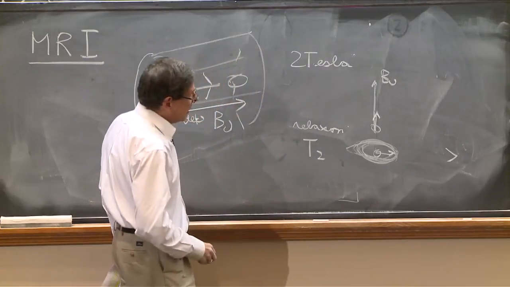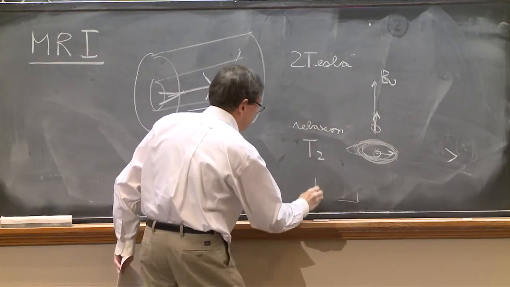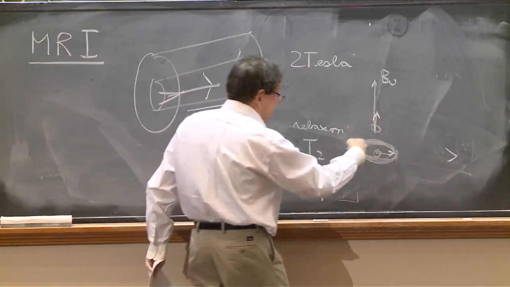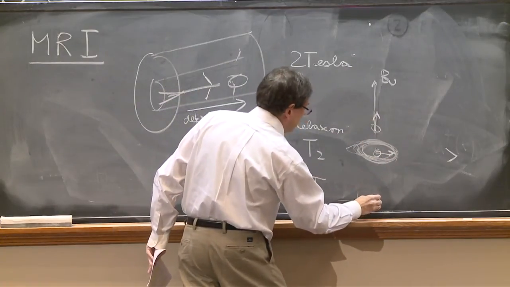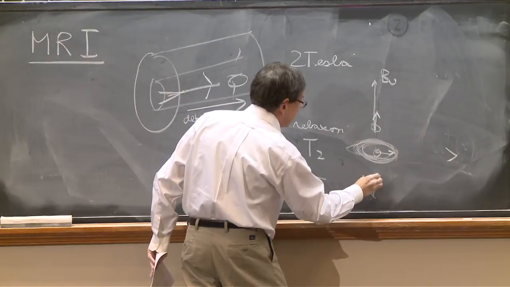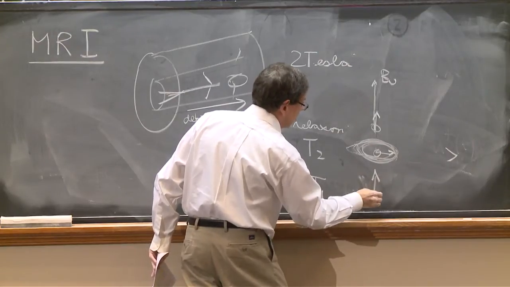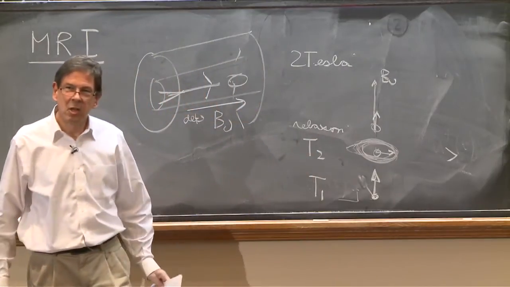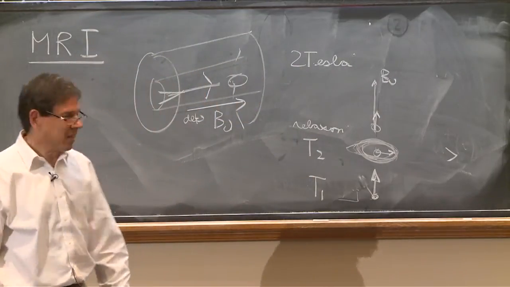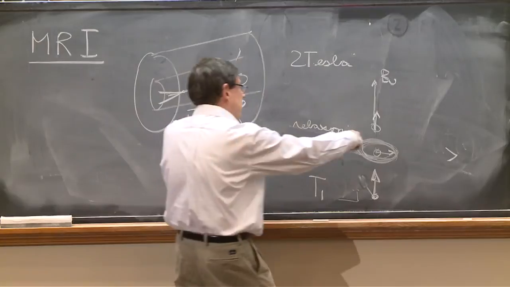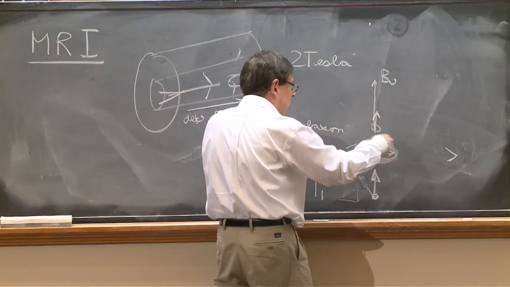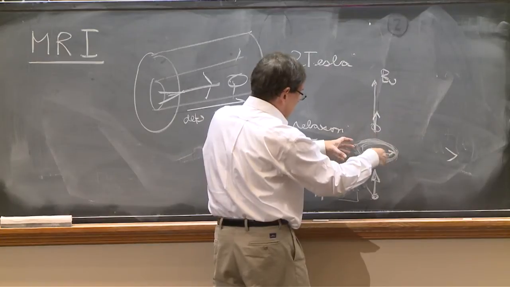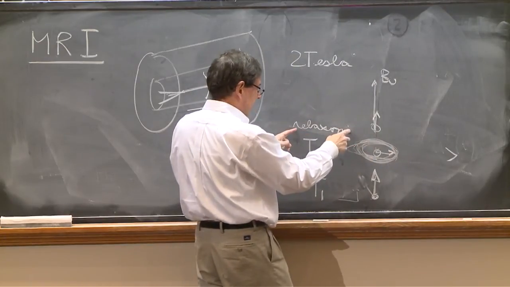And then there's another time, T1, which is the time after this is turned off that it takes the spin to go back to the original position. So 2 times. The relaxation time in which you lose your rotation because it's interacting with other spins is called spin-spin relaxation.